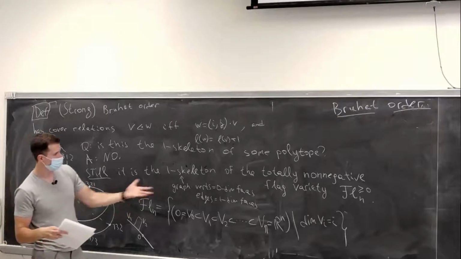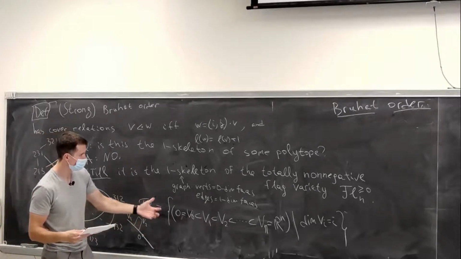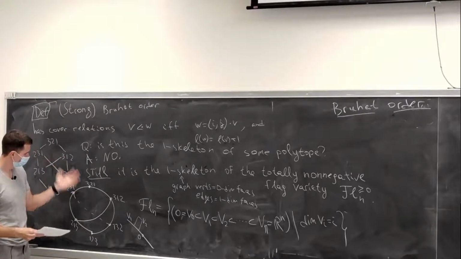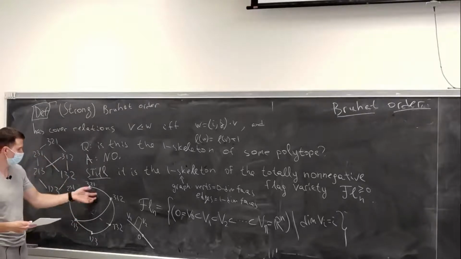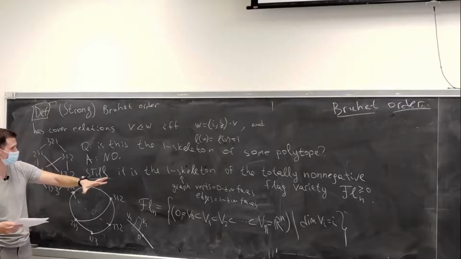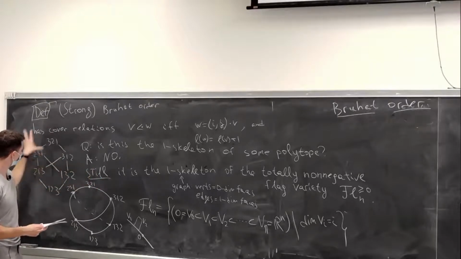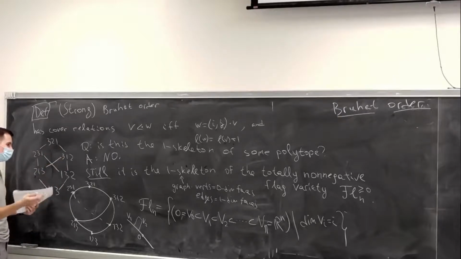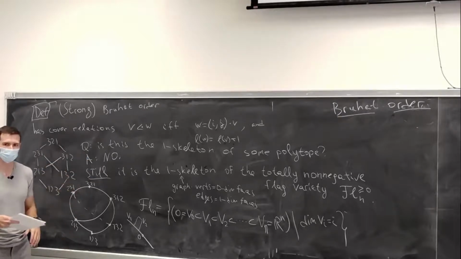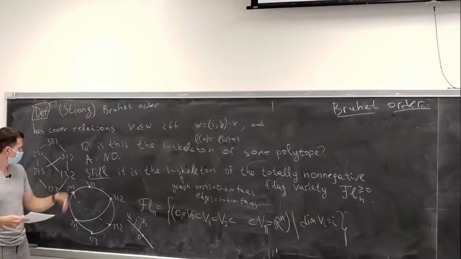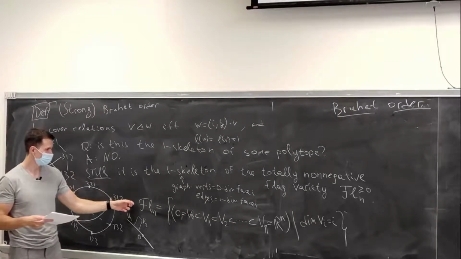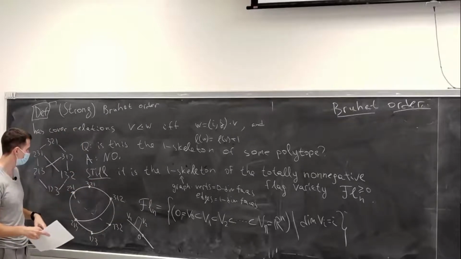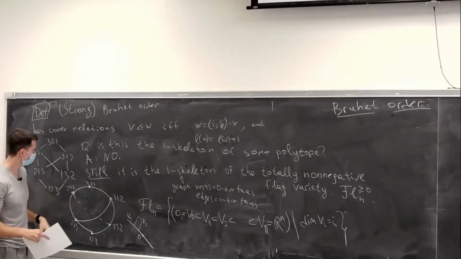And some of these points are totally non-negative, and some are not. And those that are totally non-negative form a geometric object, which looks like this. Anyways, there's a whole branch of research which comes out of this: you have a natural combinatorial object, and you find a nice geometric interpretation. And it's a very recent result that this thing is homeomorphic to a ball, and all these cells are also balls.